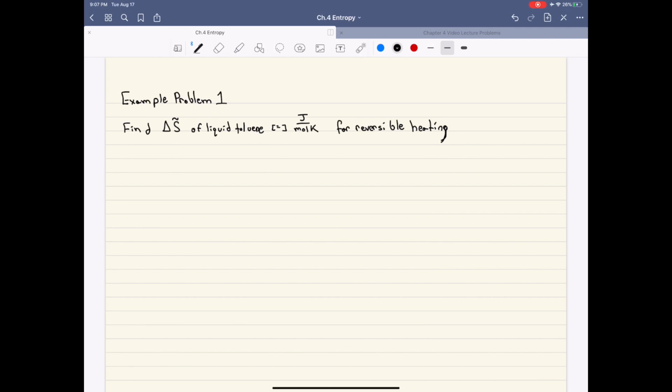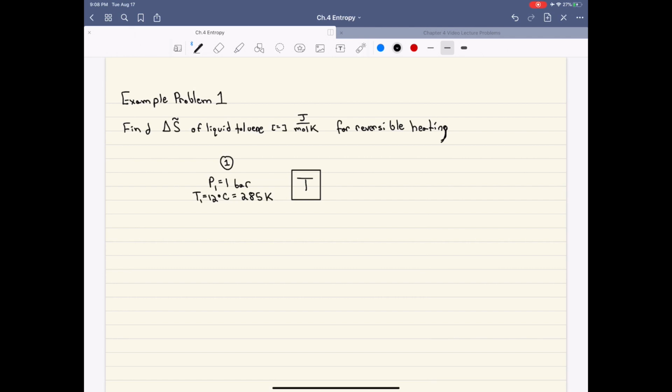In any case, to sketch out our system, we could just draw our system box of toluene, which we'll abbreviate as T. In state 1, our toluene is going to have a pressure of 1 bar and a temperature of 12 degrees Celsius, but we should convert that into absolute units.